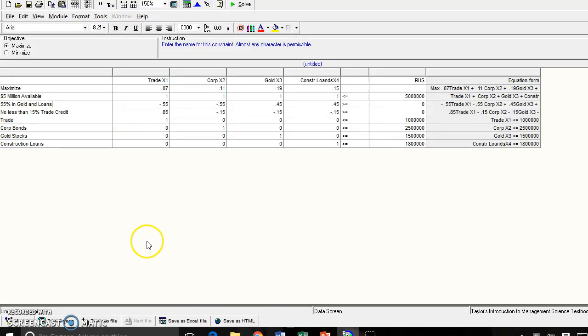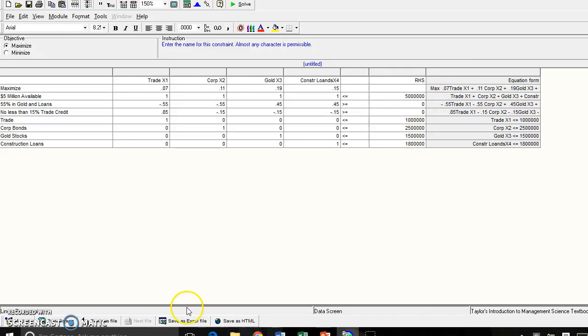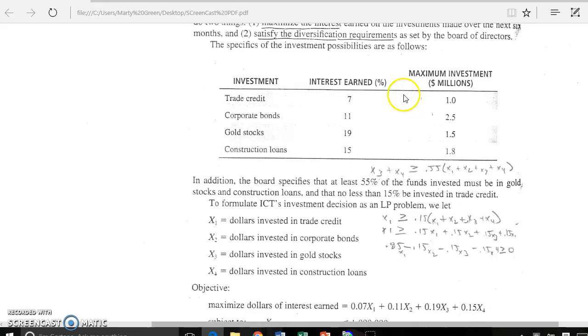And they also say, and let me go back just to this point real quick, so that we can look at our last set of constraints. They say a maximum investment for trade credit is $1 million, $2.5 million for corporate bonds, $1.5 million for gold stocks, and $1.8 million for construction loans.